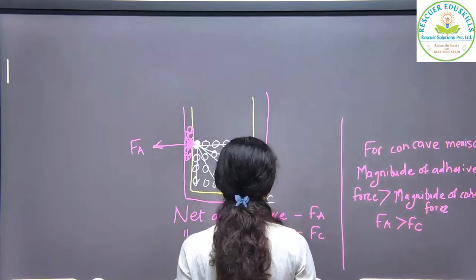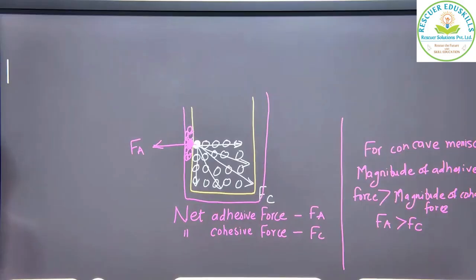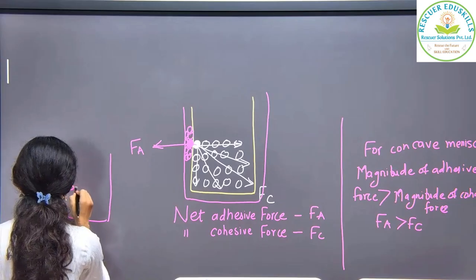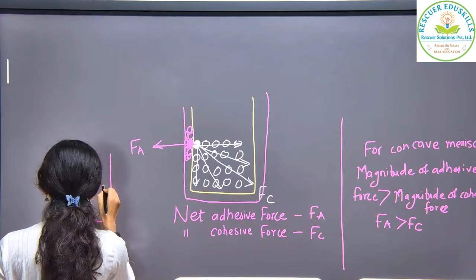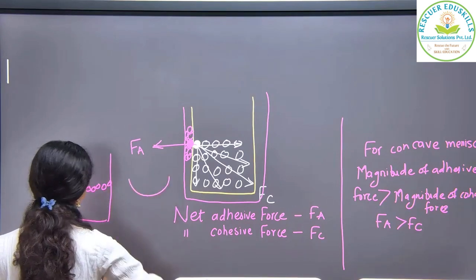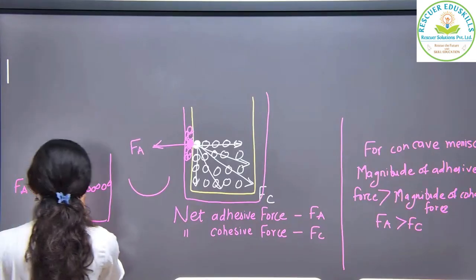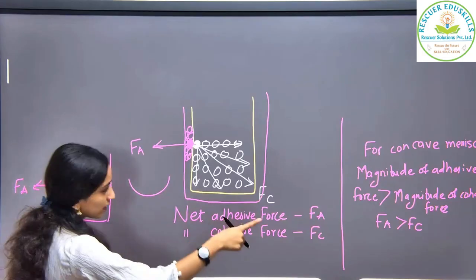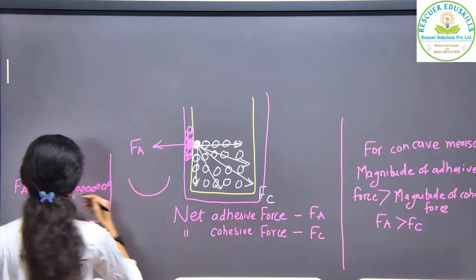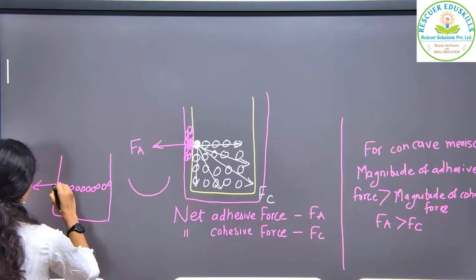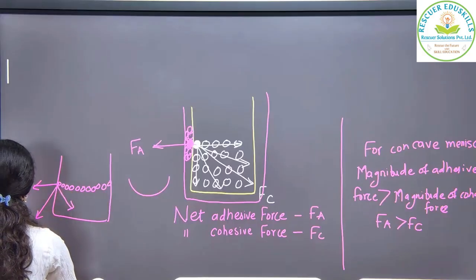Because this is a concave meniscus, the liquid molecules in this container will look like this. It will form a concave shape. Here is the resultant adhesive force. As I told you, the magnitude of cohesive force is less, so we will draw this cohesive force shorter, and then we will get the resultant somewhere here.